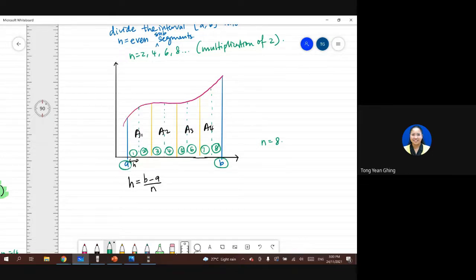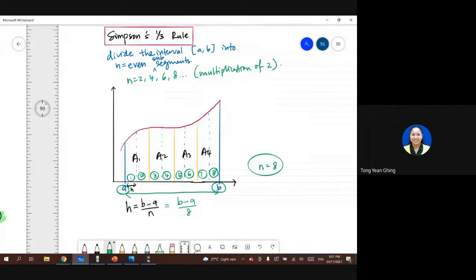From a to b, we have to divide with n. So now n is 8. So the h will be b minus a over 8. So n has to be an even number for Simpson's 1/3 rule.